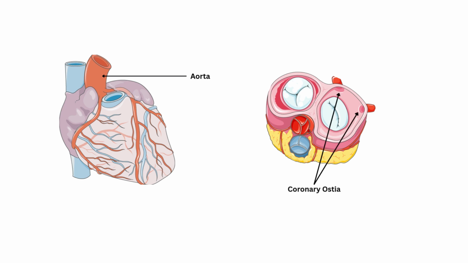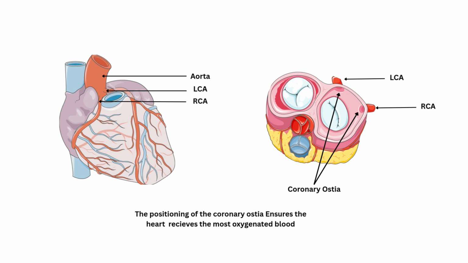We can see the right corresponds to where the right coronary artery exits, and the left coronary ostia corresponds to where the left coronary artery exits the aorta. So think of this like the first exit on this massive blood vessel, the aorta. So it ensures that the heart gets the freshest, most oxygenated blood before any other part of the body.